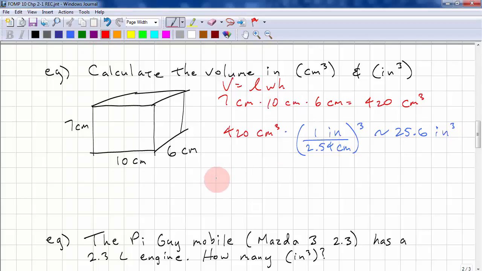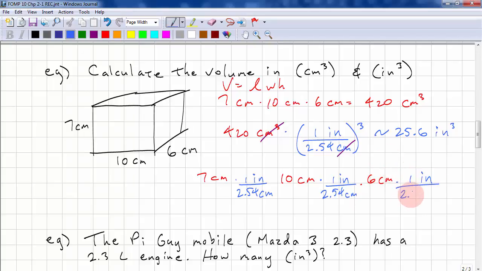And once more doing the long method, 7 centimeters times 1 inch over 2.54 centimeters. And I forgot, we need to cancel out the units there. 10 centimeters times 1 inch over 2.54 centimeters times 6 centimeters times 1 inch over 2.54 centimeters.